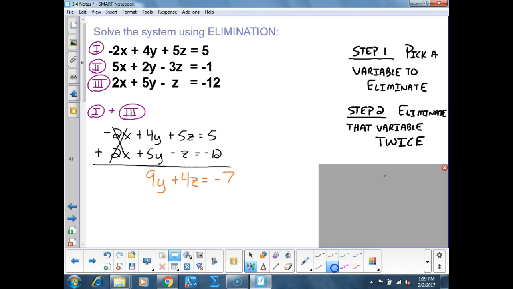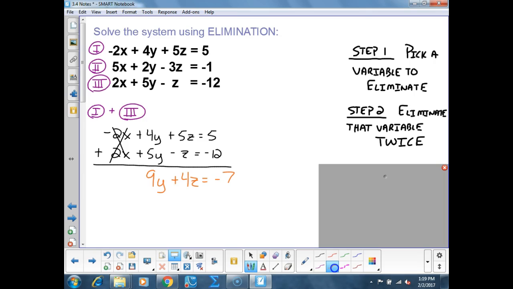Now, I've got to eliminate x again. What do you want to go with? I can't use 1 and 3 because I already used those. So 2 and 1 or 3, it doesn't matter.